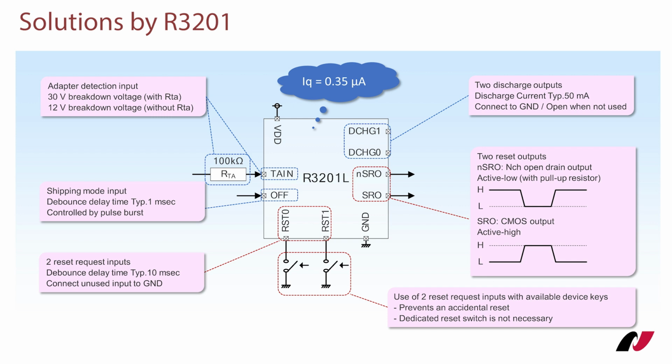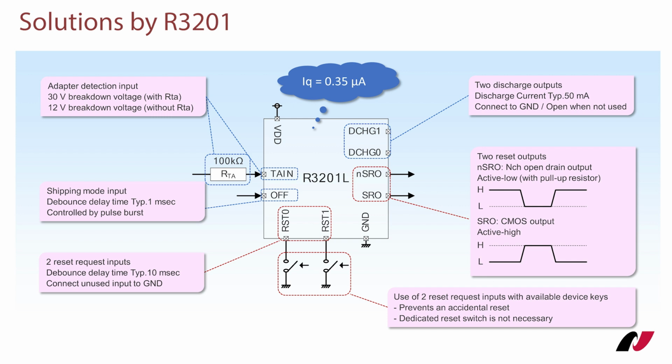It has two independent reset request inputs called RST0 and RST1 to connect a single reset switch or by using two available device buttons. Both inputs have an incorporated debounce circuit with a delay time of 10 milliseconds. In order to prevent an accidental reset cycle, these switches need to be activated and held for a certain period.